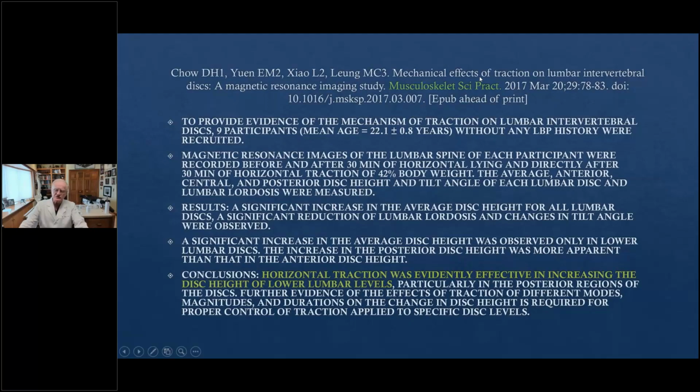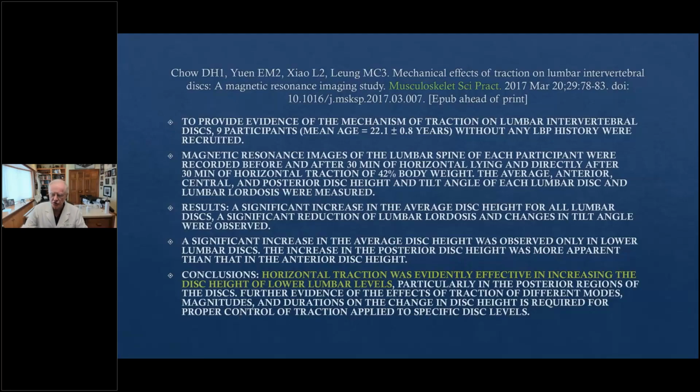Why do we distract people before we manipulate them with my work? Well, when you look at this paper by Chow, published in 2017 in Musculoskeletal Science and Practice, you saw that lumbar MRI studies on the mechanical effects of distracting a spine showed that it is effective in increasing the disc height.